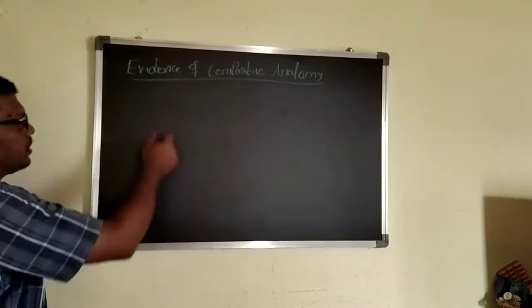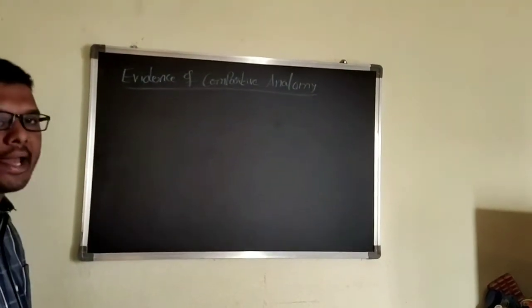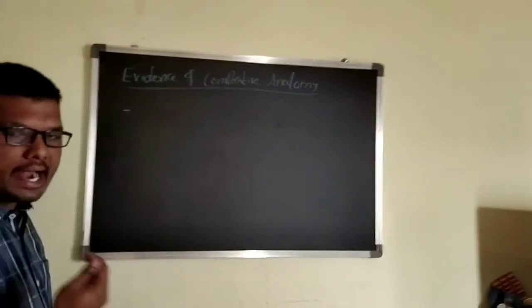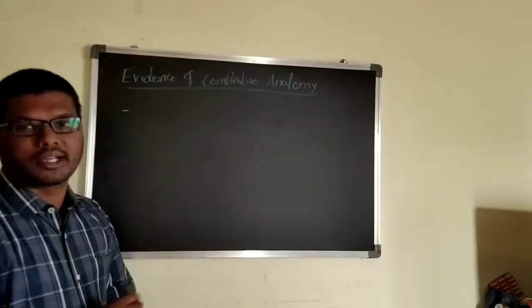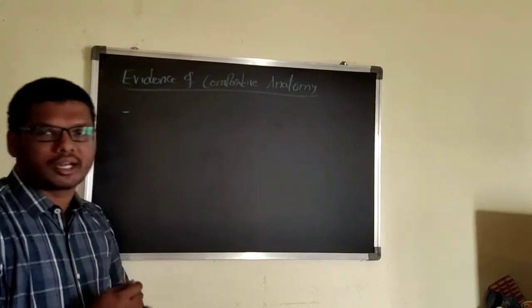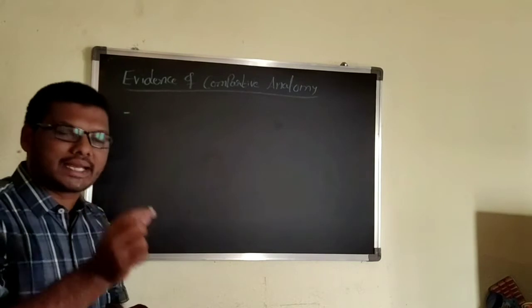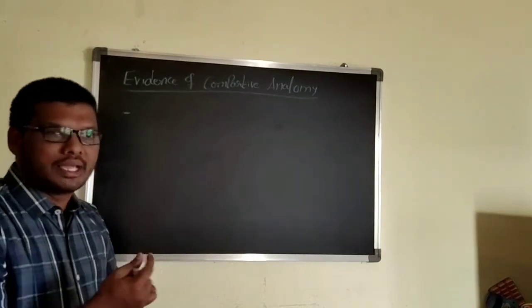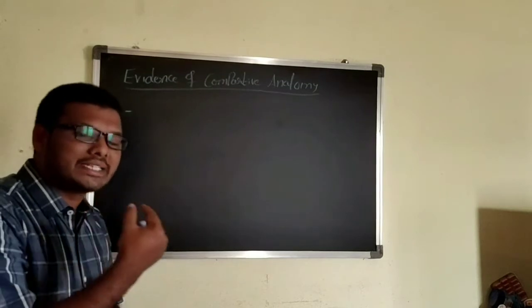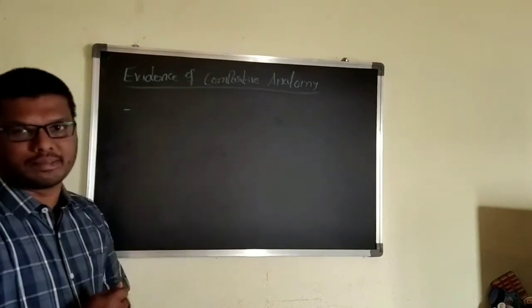Evidence of comparative anatomy means we compare the anatomy of different organisms. When you compare the anatomy of different organisms, some structural patterns are similar. When the structural pattern is similar, what is the relationship among the organisms?